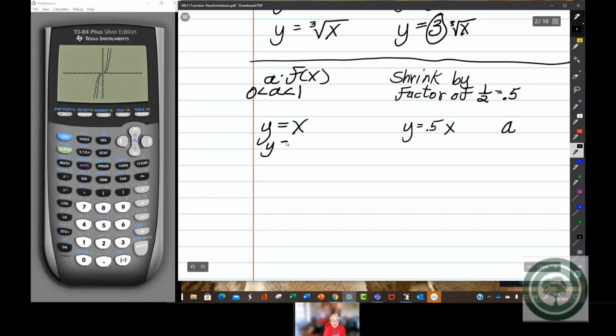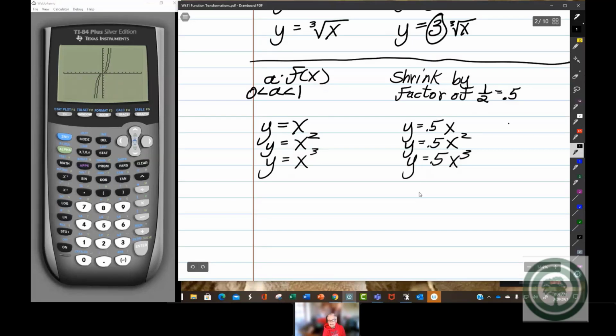So y equals x squared. That would give us y equals 0.5x squared. Let me get rid of that a over there. And you could keep doing that with any number smaller than 1, but positive. y equals x to the third, y equals 0.5x to the third.